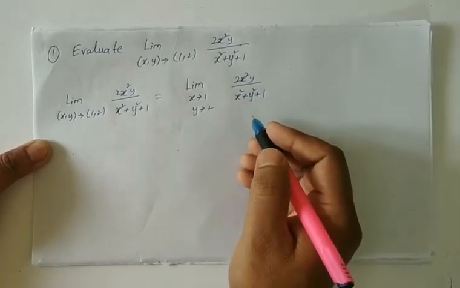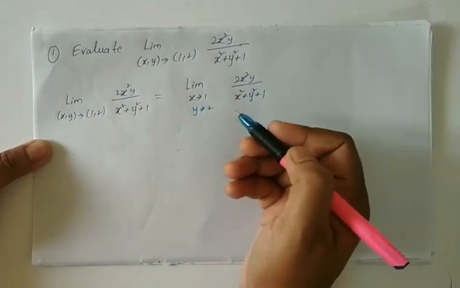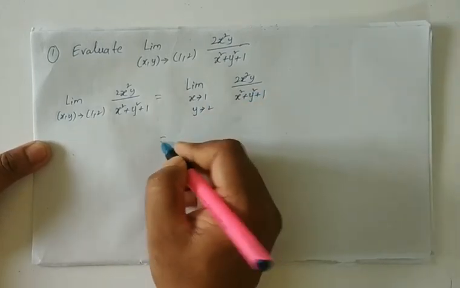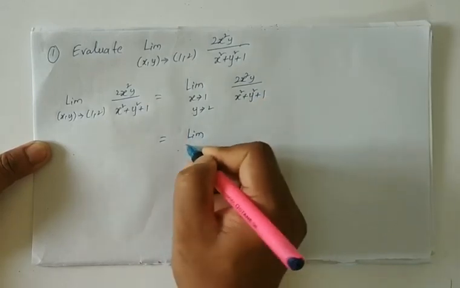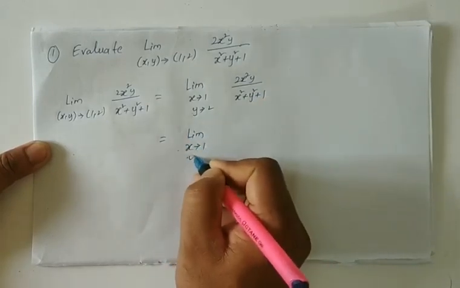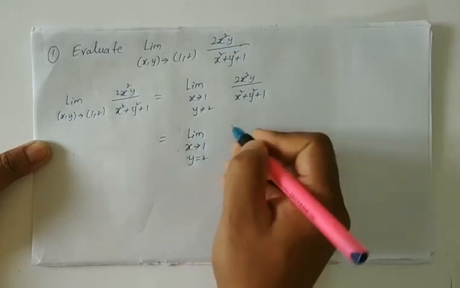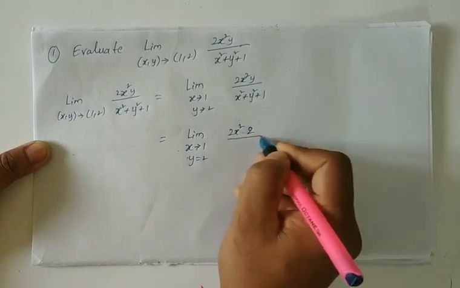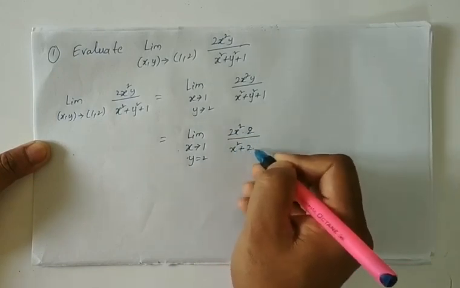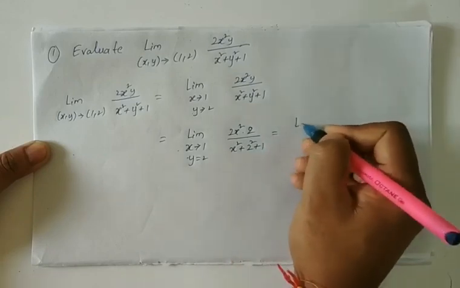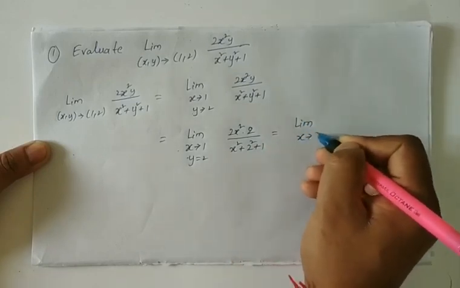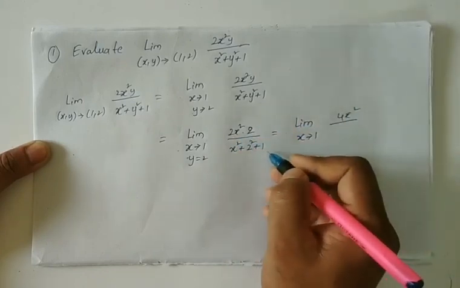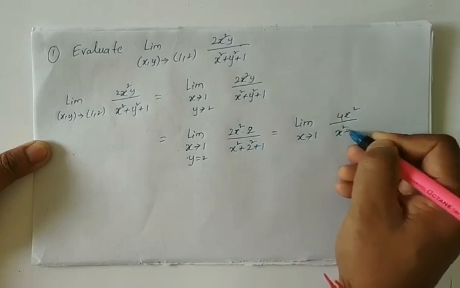First we substitute either x is equal to 1 or y is equal to 2, as you like. Here I am substituting y is equal to 2 in the given function. 2x square y is nothing but 4x square, and x square plus y square plus 1 is x square plus 2 square plus 1, which is x square plus 5.